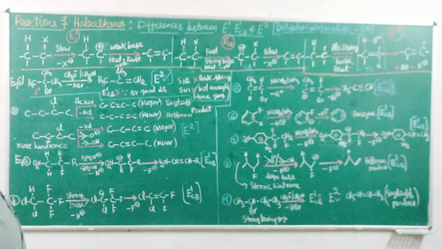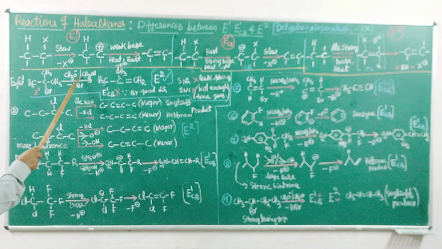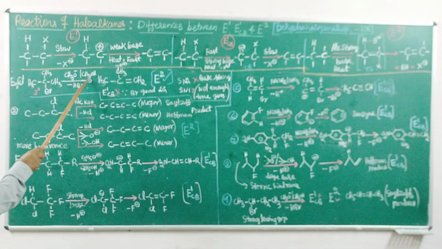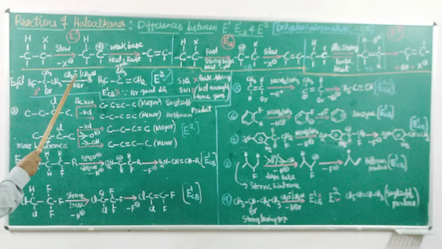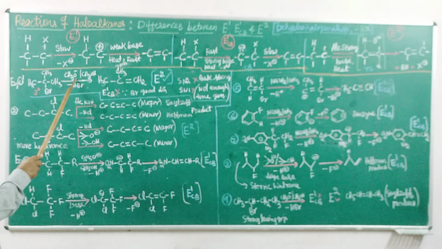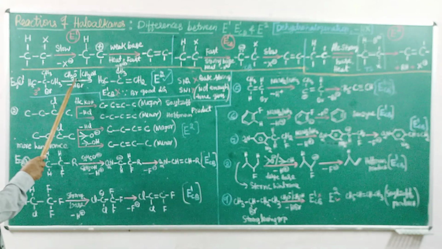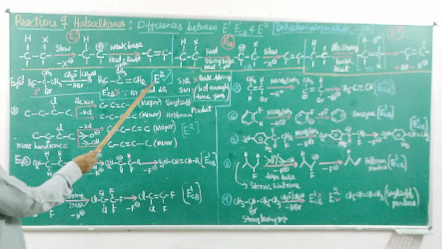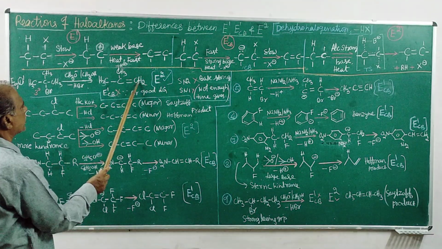What is the E2 mechanism? A strong base is there, that is an alcoholic base, alkoxide. On this basis we can follow this mechanism. This reaction follows the E2 mechanism.